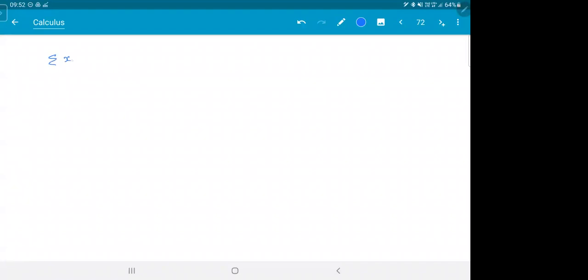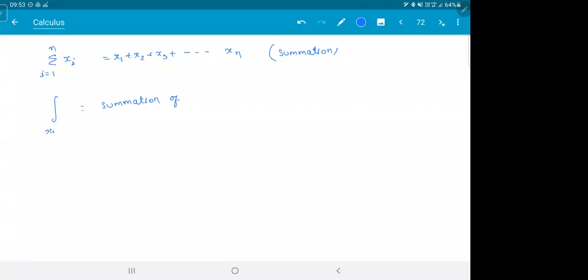If someone writes sigma xi, where i goes from 1 to n, meaning you're putting 1, 2, 3, and so on till n. So that's the meaning of summation basically. We are just adding all those pieces. So when you write integral, the meaning is the same. It's a summation of very small pieces. Both mean the same thing.